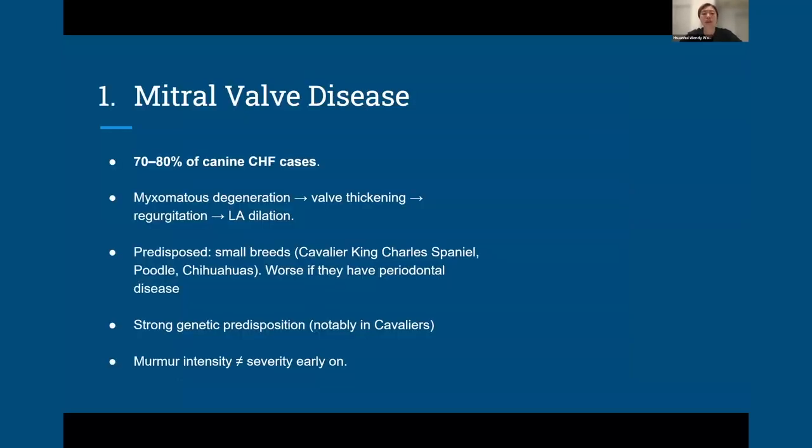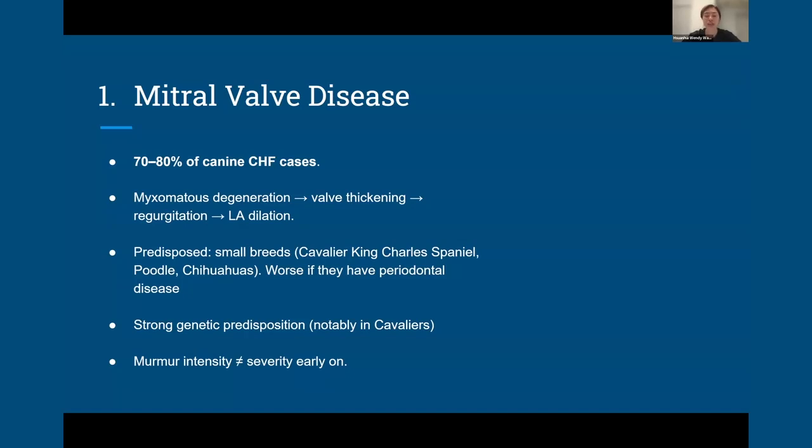All right, so let's talk about mitral valve disease. This is very important because it constitutes 70 to 80% of all canine congestive heart failure. I'm just going to briefly go over the pathogenesis. There is myxomatous degeneration of the valves, and then the valve will thicken.